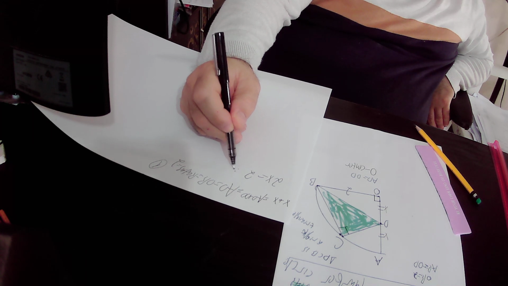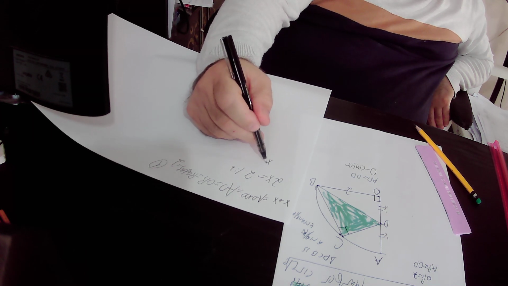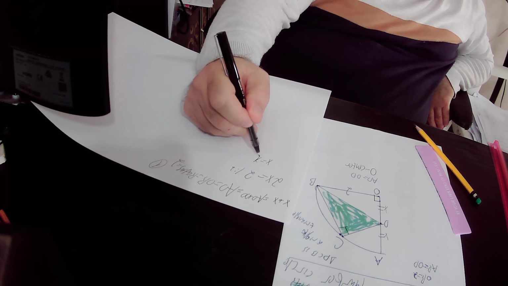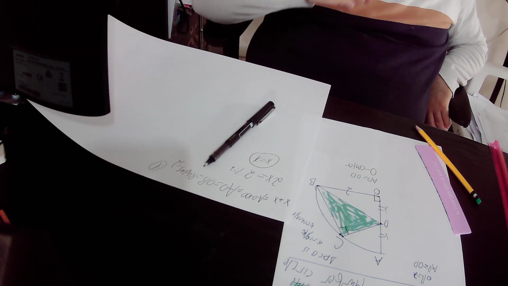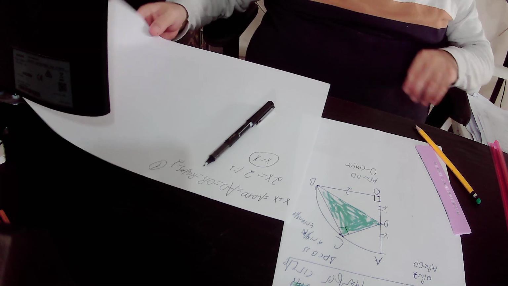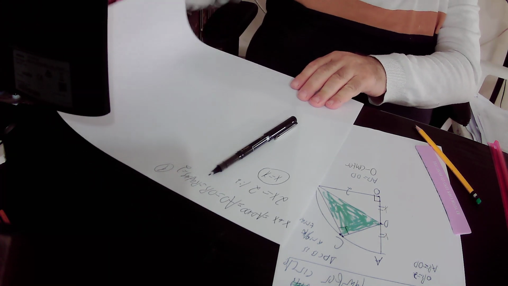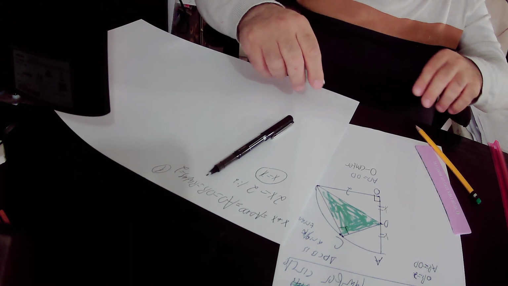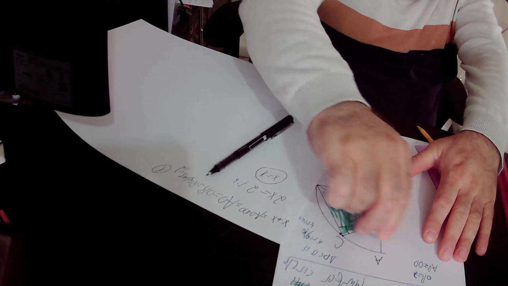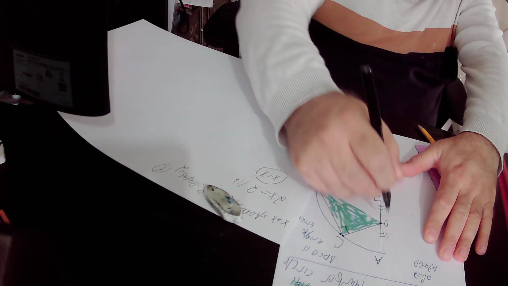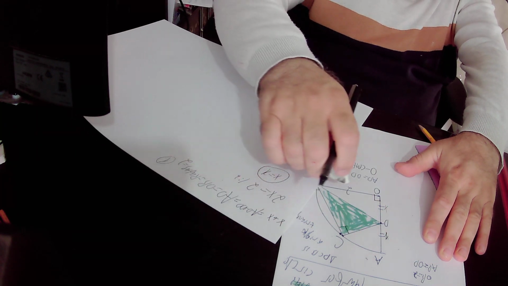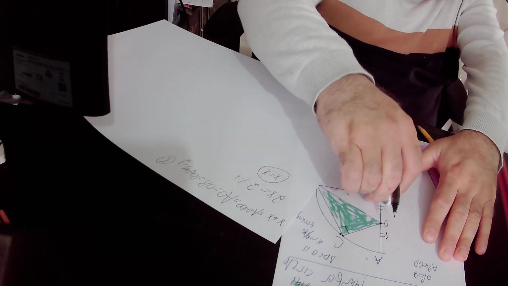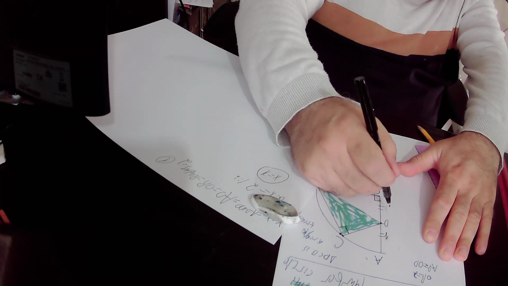We divide this equation by 2 and we get that x equals 2 over 2, which is 1. x equals 1 unit, so we can write down here that x equals 1, so AD equals 1, and DO that is equal to x is also equal to 1.